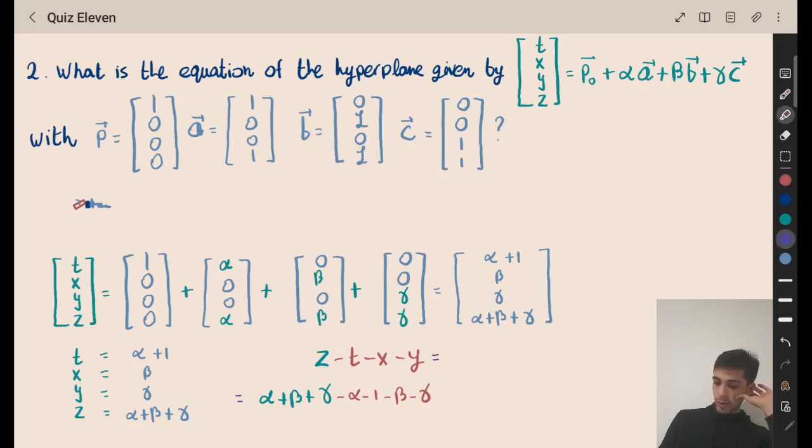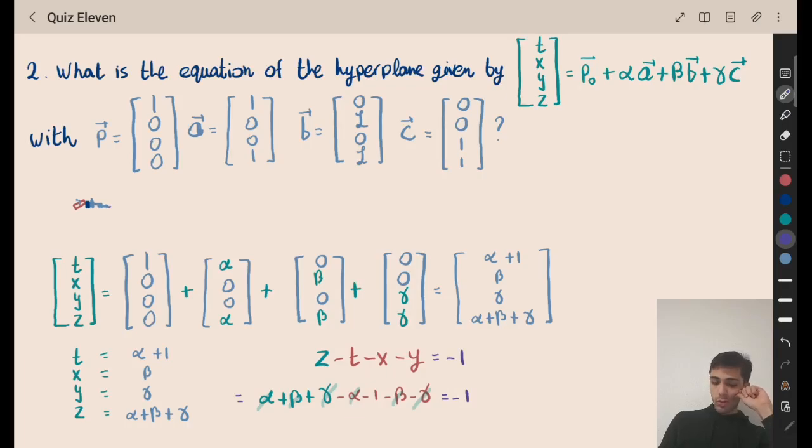So this is great because we've effectively cancelled out all the terms, and we just have a constant. This constant is equal to minus 1. So z minus t minus x minus y is equal to minus 1.